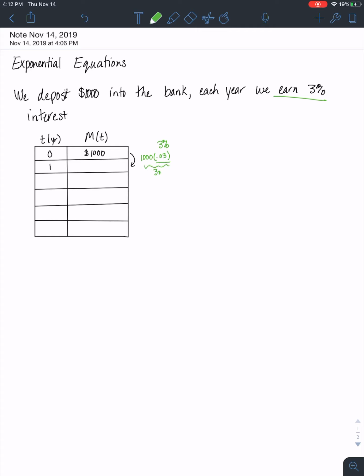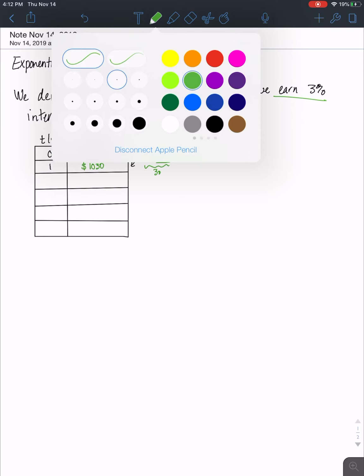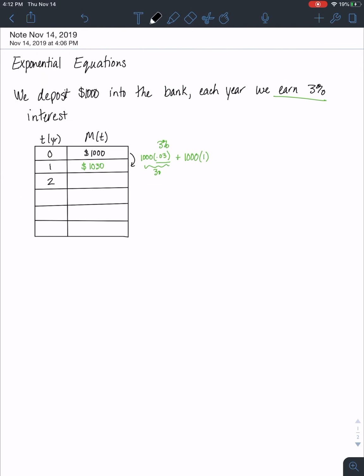Wait, I'm not going to have $30 in my bank. That's what I earn on top of the money that I already had. So I also get to keep the $1,000 that I had from before. So now in my bank account, I have $1,030. Okay, let's do one more in this drawn out fashion and then I will shorten my idea.